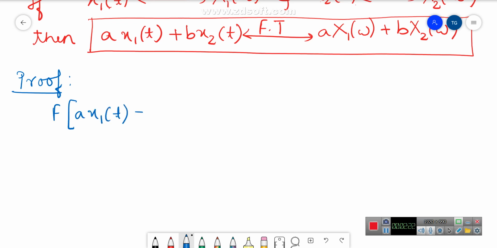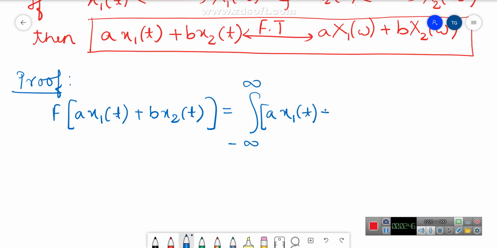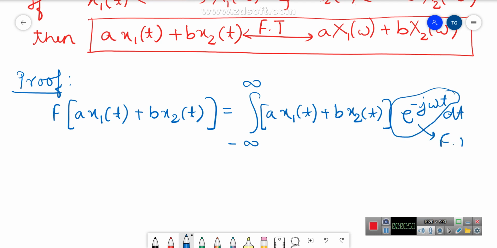So the Fourier transform of a x1 of t plus b x2 of t is equal to the integration from minus infinity to infinity of a x1 of t plus b x2 of t into e to the power minus j omega t dt. We know this is our Fourier transform operator.